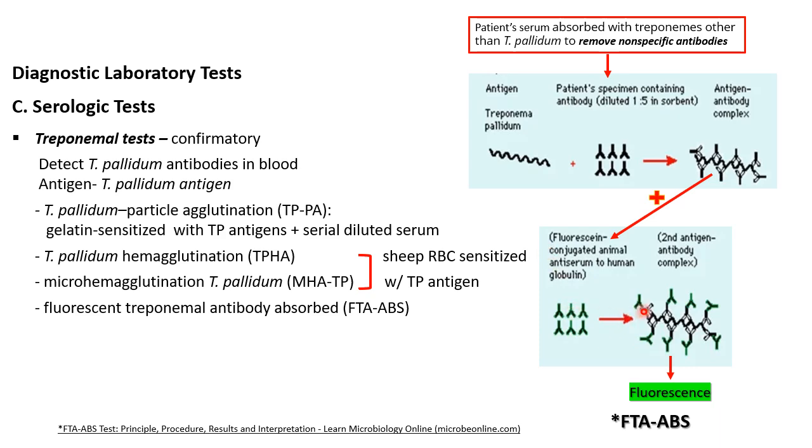After reaction, the anti-human immunoglobulins will be bound to the human immunoglobulin found in the patient's serum. And because it is conjugated to a fluorescent dye, its fluorescence can be observed under a fluorescence microscope.